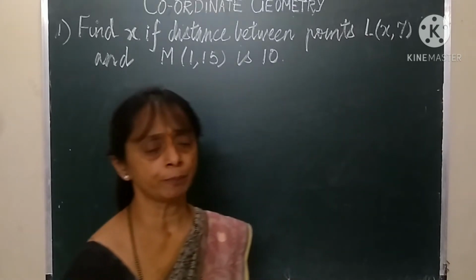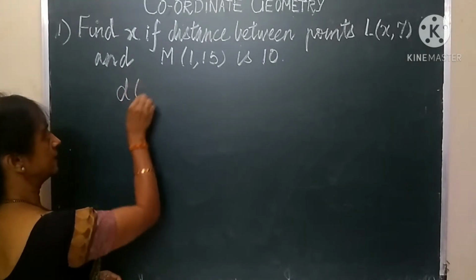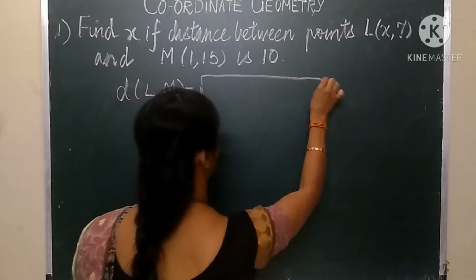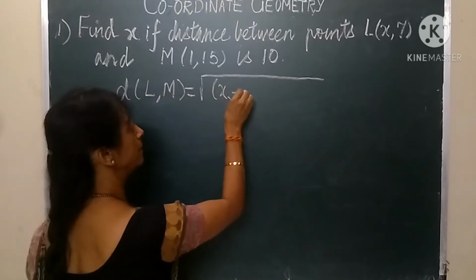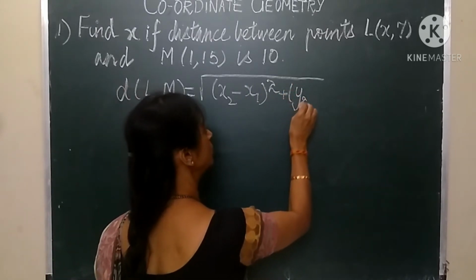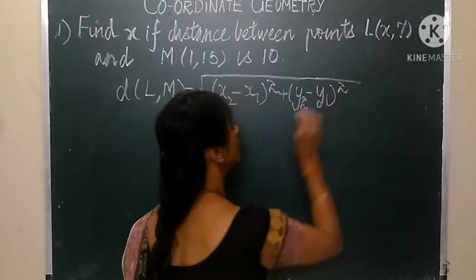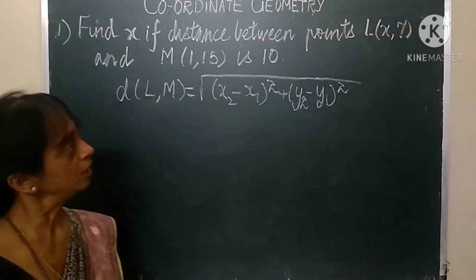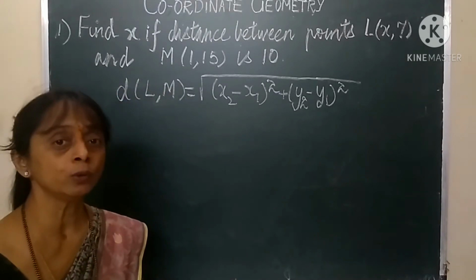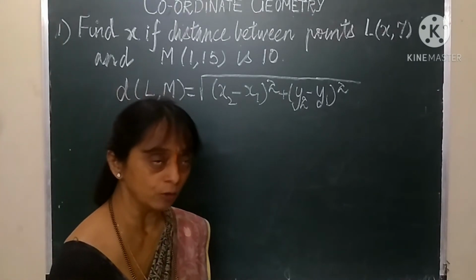How do we begin with the problem? So first, let's jot down the formula. Distance LM will be given by the distance formula as square root of x2 minus x1 the whole square plus y2 minus y1 the whole square. Looking back into the problem, what all can we substitute, the known variables given?